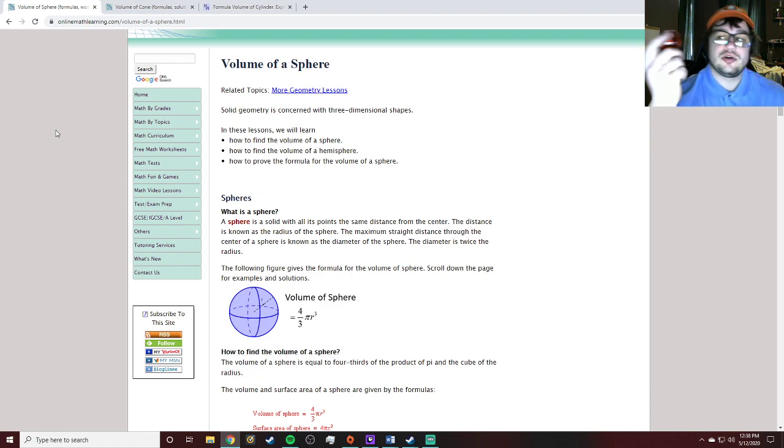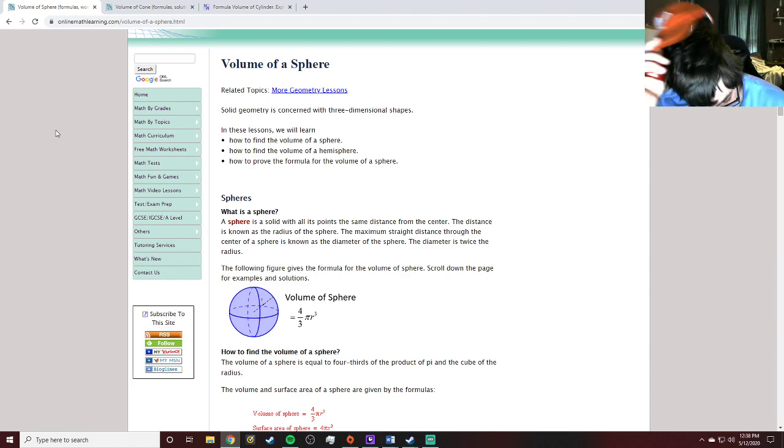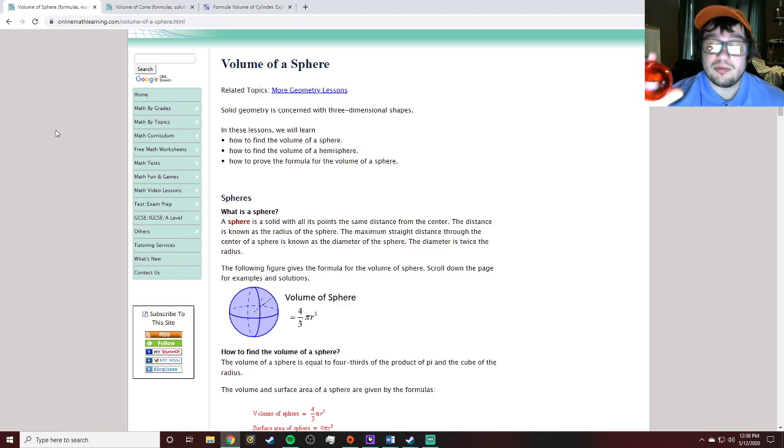For a sphere, the radius is also the height, so we don't have to find height, we just need the radius. But instead of 1/3, we have to multiply it by 4/3 pi times r cubed. Keyword cubed here, not squared, but cubed for spheres.